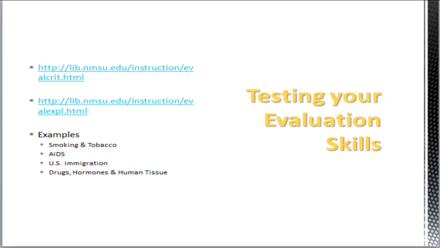There are at least 2 broken links in these examples, but there is enough information there to practice your evaluation skills. Have fun and be prepared to share your observations with your class during the tutorial session this week.